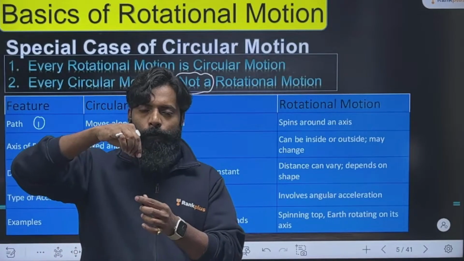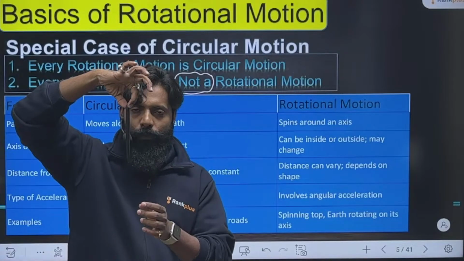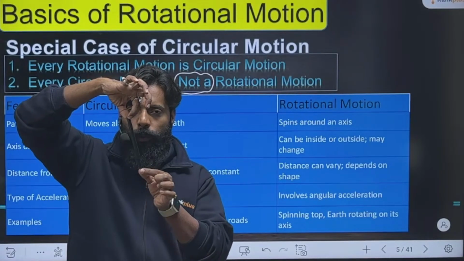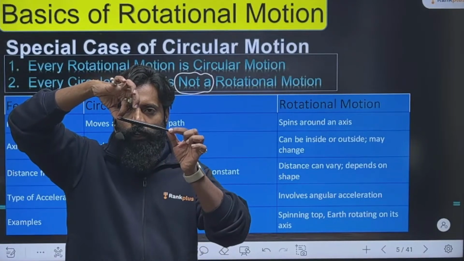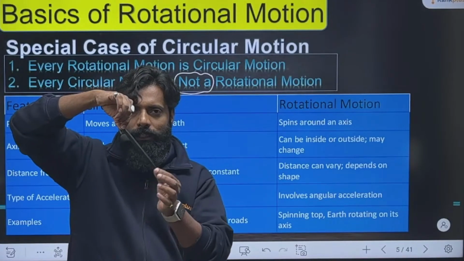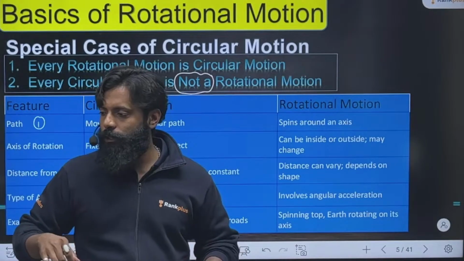Take an example. If I have to rotate this pen, I am holding this pen at a fixed point, and all other points are moving, but one point is fixed.